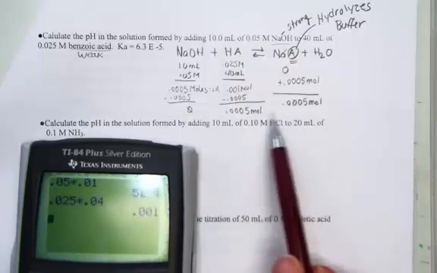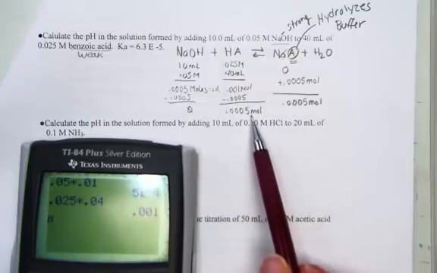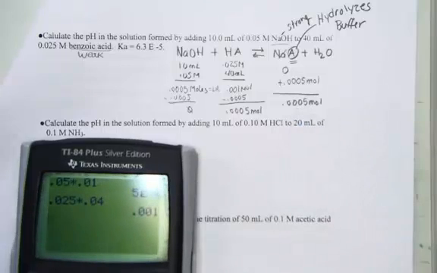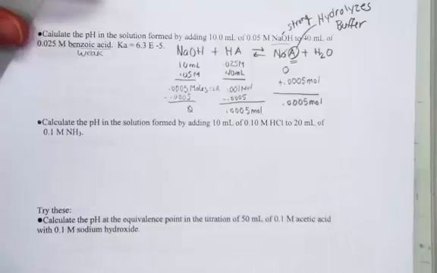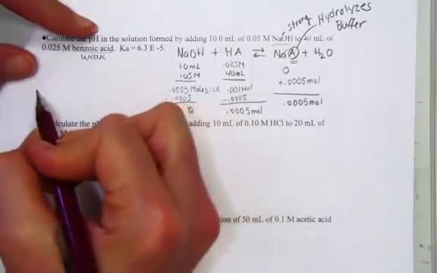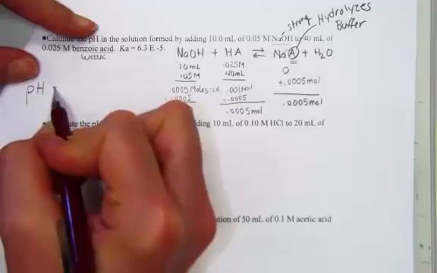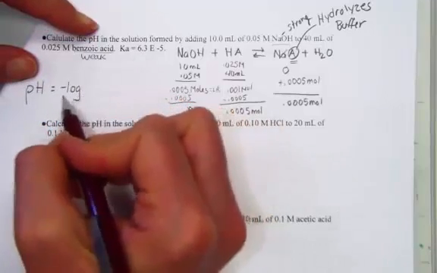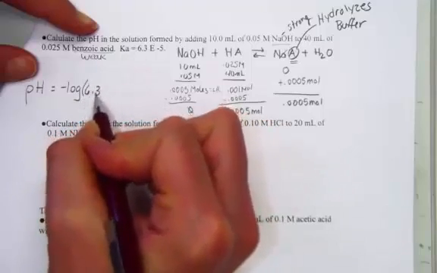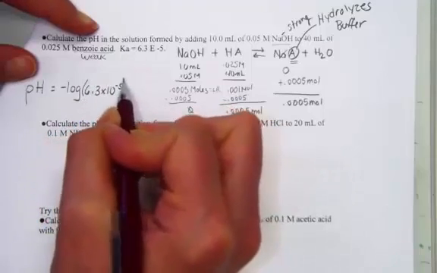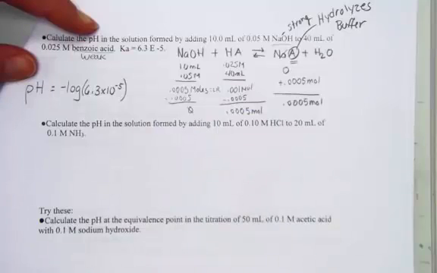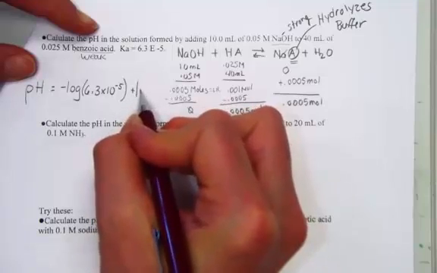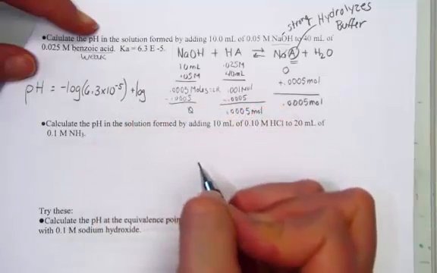But I do have two ingredients, the HA, the acid, and the conjugate base, the benzoate, and both are equivalent values. So if we consider the Henderson-Hasselbalch, we can find the pH by taking the negative log of the pKa, negative log of the Ka provided for us, or using Appendix D, negative log of 6.3 times 10 to the negative fifth, plus the log of the ratio of base over acid.